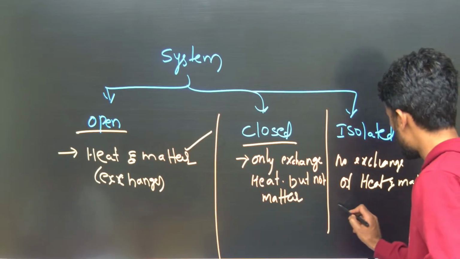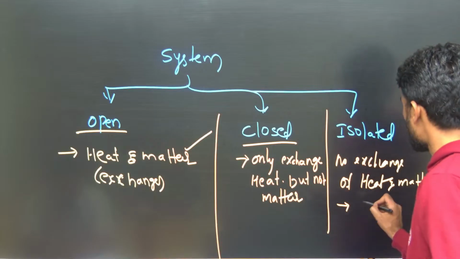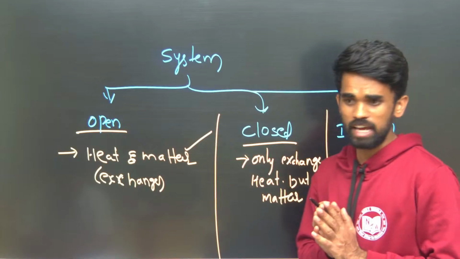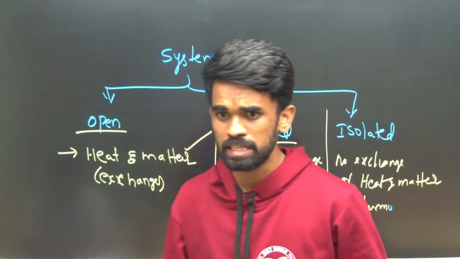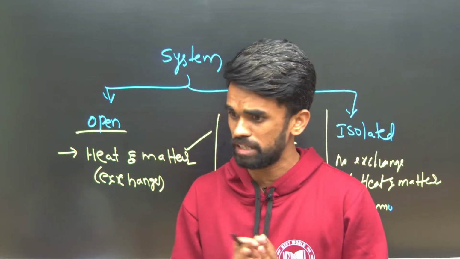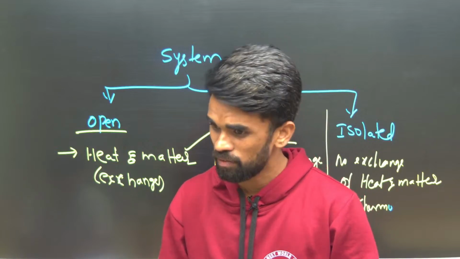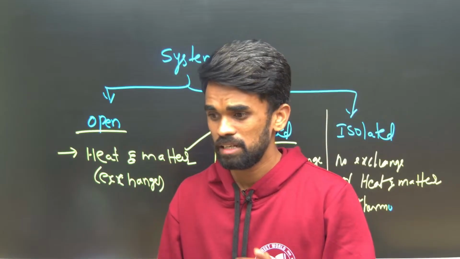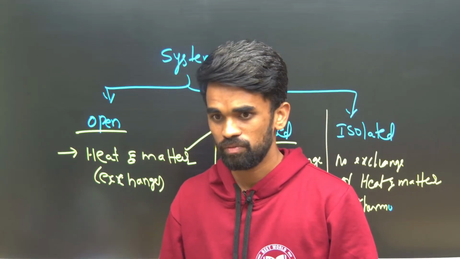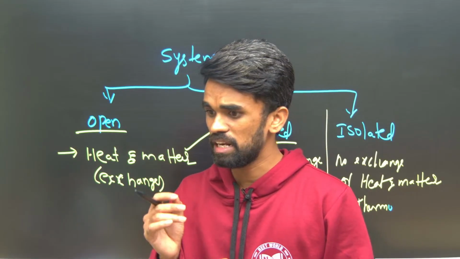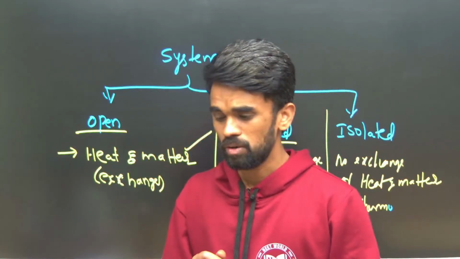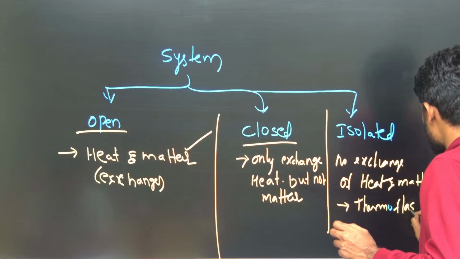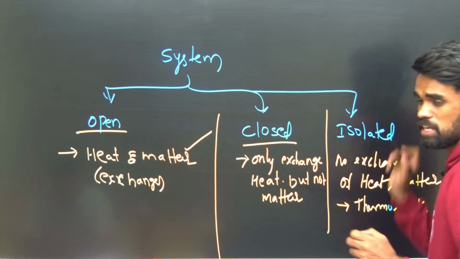The simple example I can say is a thermoflask. Actually a thermoflask also loses its heat after a certain time, but for some particular time, for example around 1 or 2 hours, it retains its heat and the matter inside without any exchange, or with a very negligible amount of heat exchange. So for our understanding we can say a thermoflask is an example of an isolated system.